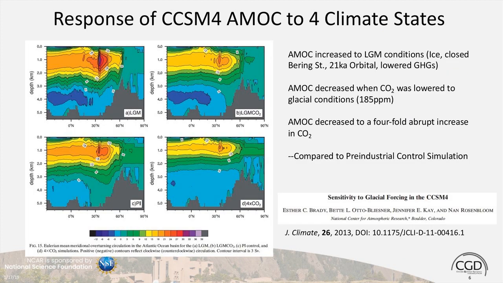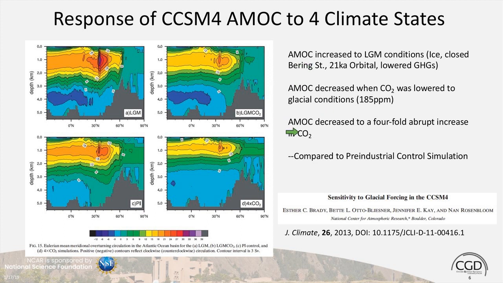This figure comes from a paper that's an example of how we run paleoclimate simulations. This was a study that I did with Bette Otto-Bliesner and others at NCAR to simulate the response of climate to LGM climate conditions that were given to us as part of the PMIP protocols. It's a static view.